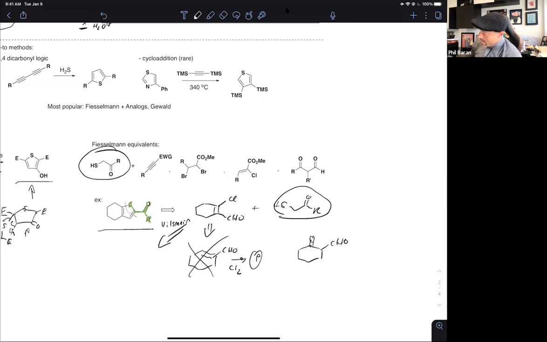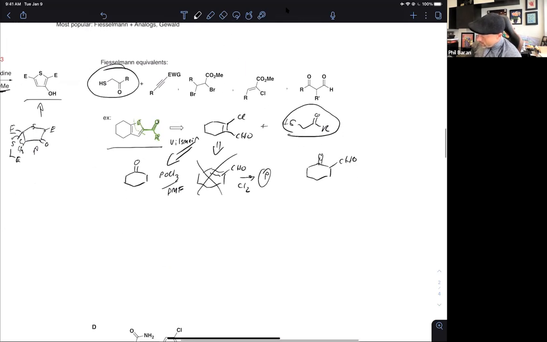Many heterocycles can be made using Vilsmeier's reagent, and it allows you to just take the corresponding ketone, POCl3, and DMF. What in the world is going on there? Well, that's your first adduct.